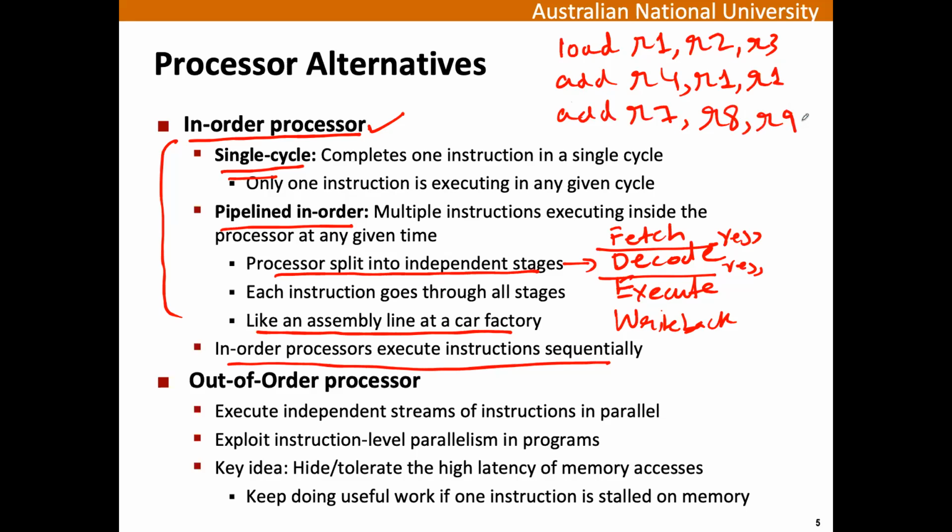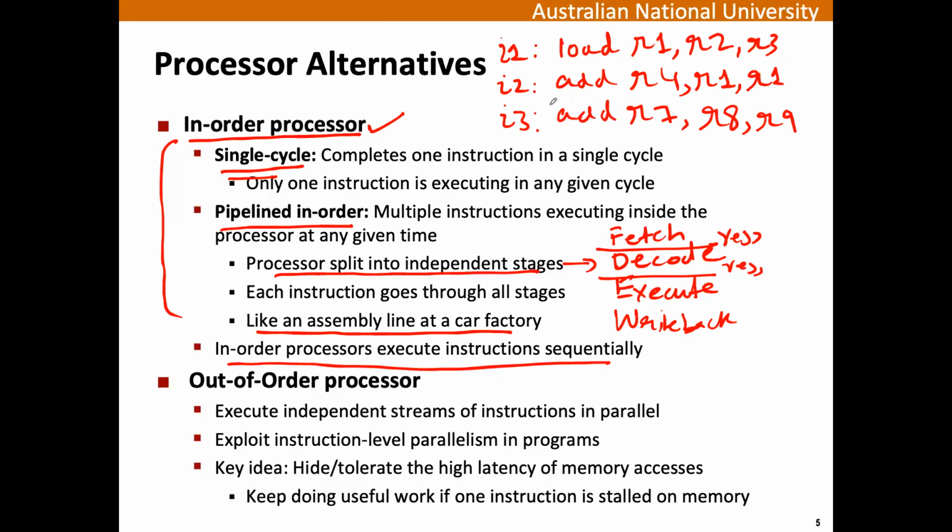Here are my 3 instructions that I just wrote. If we stick by the sequential programming model, if we respect the sequential programming model, we will execute I1. Once we are done with I1, we will execute I2 and then I3.